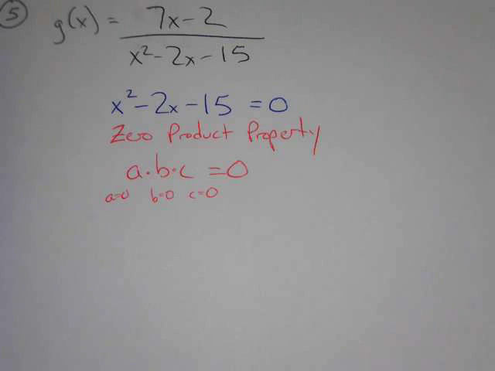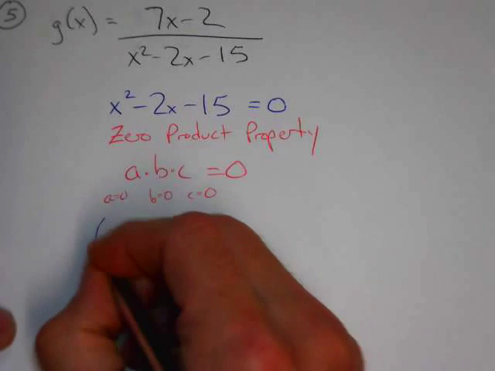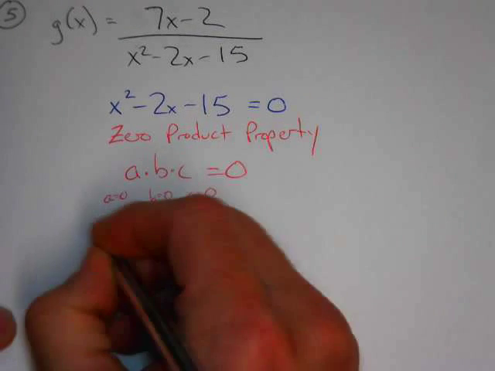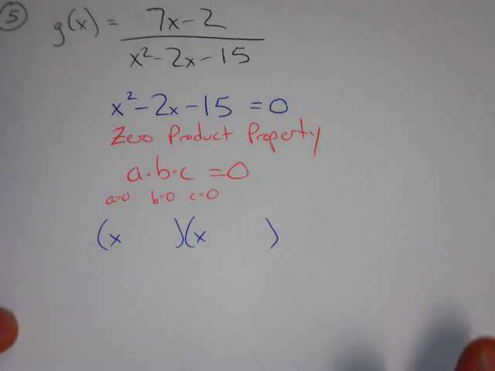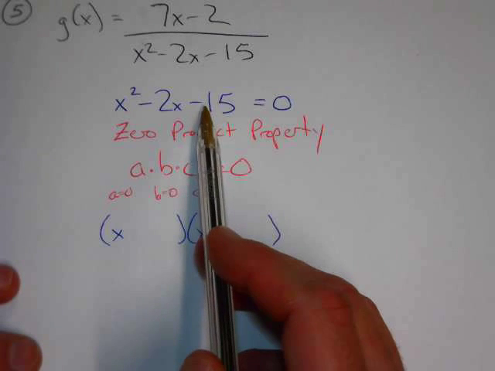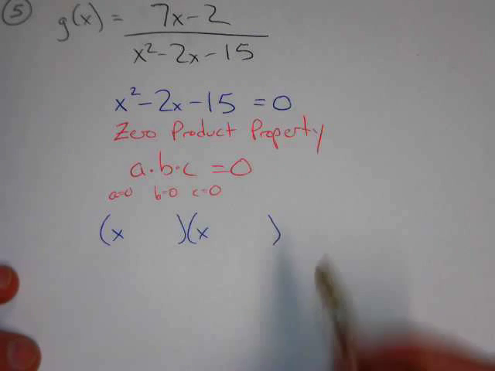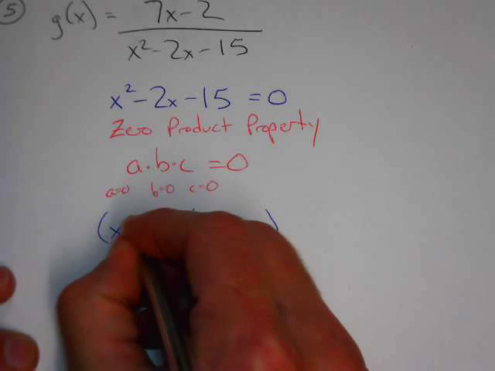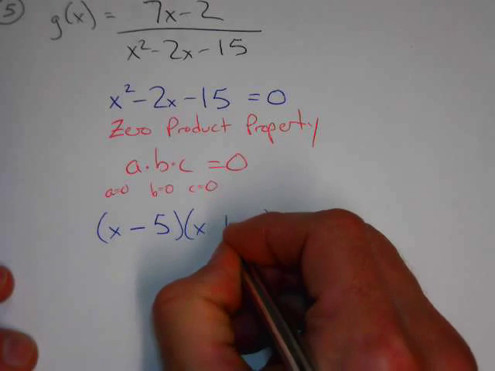So we're going to factor x squared minus 2x minus 15. We can use mental math here, I think. We set up our parentheses, and we think, what two numbers multiply to negative 15, but add to negative 2? Hopefully you're thinking negative 5 and positive 3.